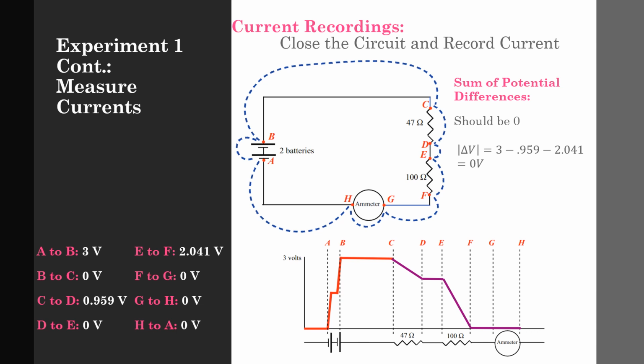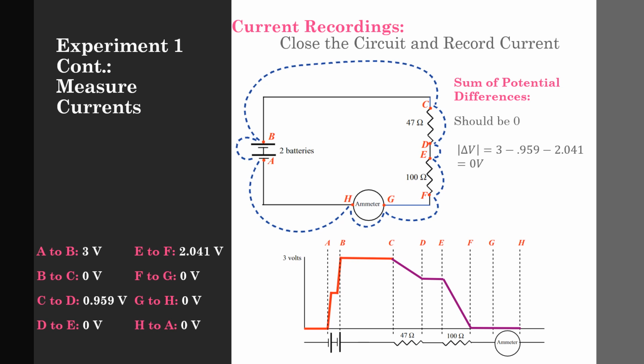When adding the sum of the potential differences, because of conservation of energy, these should all add up to be 0, and this is shown in the following equation, which is that the potential difference is equal to 3 minus 0.959 minus 2.041, which is equal to 0 volts, and these results are also shown in the graph at the bottom of the screen.